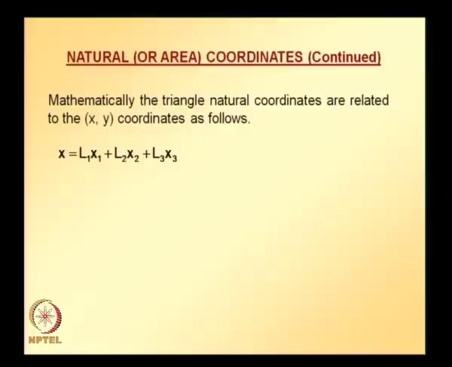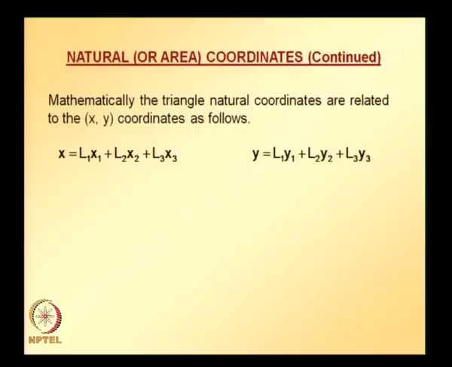Suppose the xy coordinates coincide with the coordinates corresponding to node 1. In that case, L1 is going to be 1, L2 is 0, L3 is 0, and this equation is perfectly correct. Similarly, y is equal to L1 y1 plus L2 y2 plus L3 y3. This can also be verified.